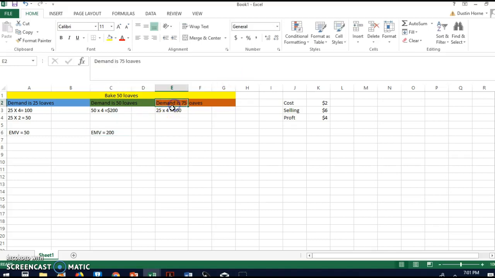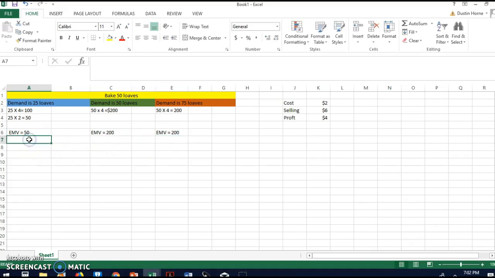And then on the last scenario, let's say I baked 50 and I have 75 customers come in and want a loaf of bread. Well, I can only sell what I have made. I can't give out bread I haven't made. Since I only made 50 loaves, I will sell those 50 and I will have an expected monetary value here of 200.